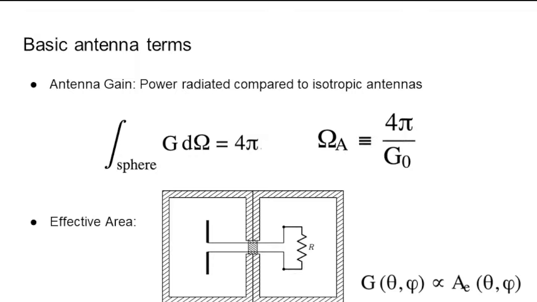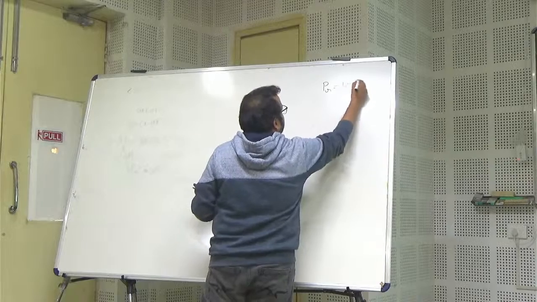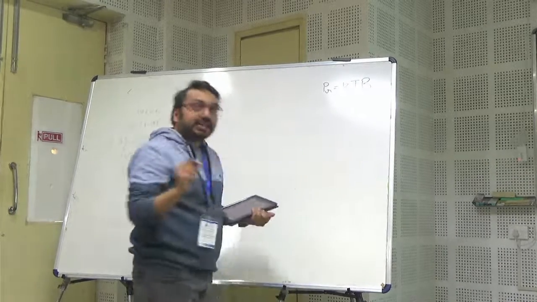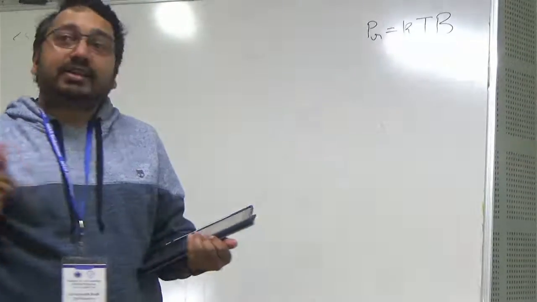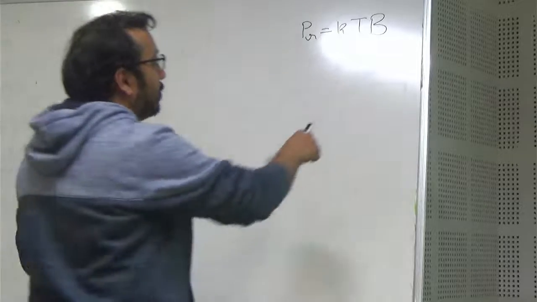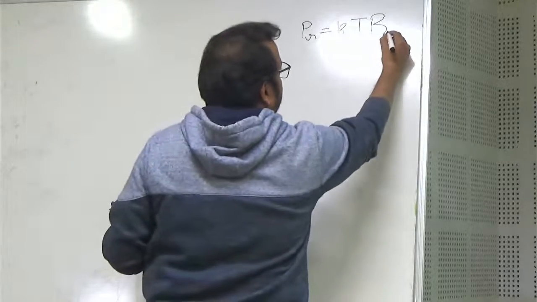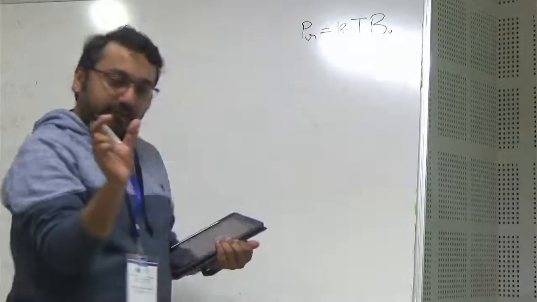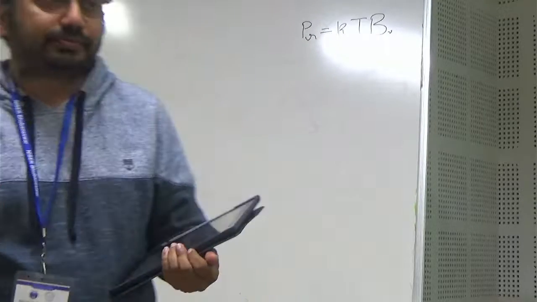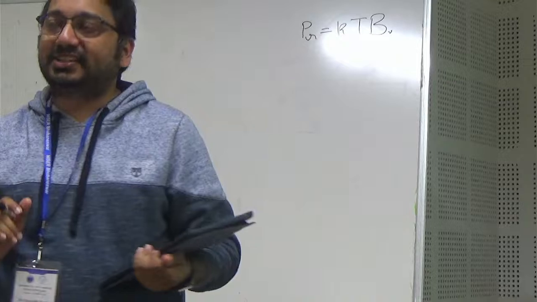You will see that the power in that resistor only depends on the temperature. This is the physical temperature of the resistor. Mind it, it does not depend on the value of the resistor. It only depends on the temperature and at what frequency range, the bandwidth, you are measuring that power. That's it. kTB, and we'll be using this extensively.